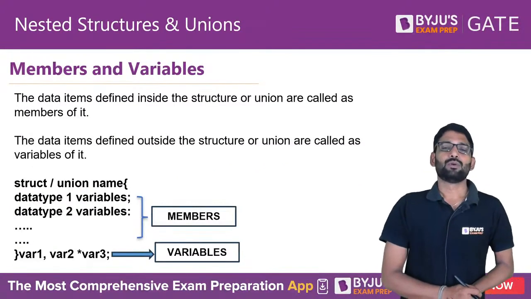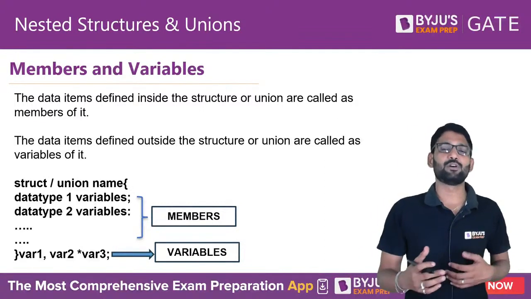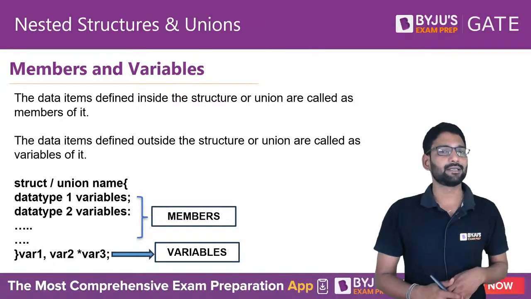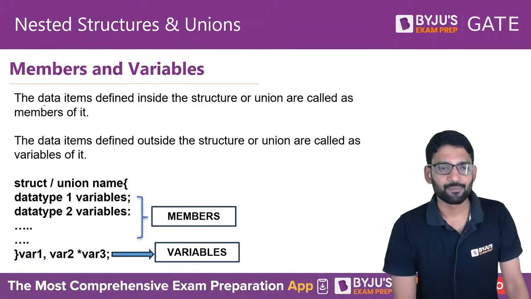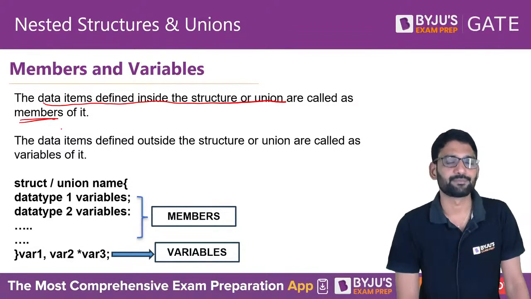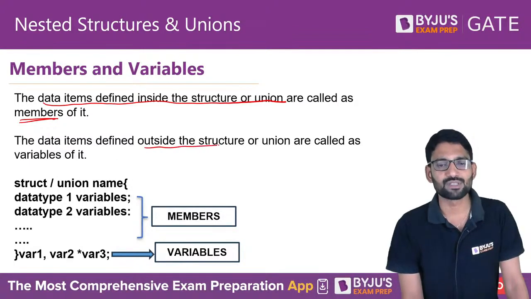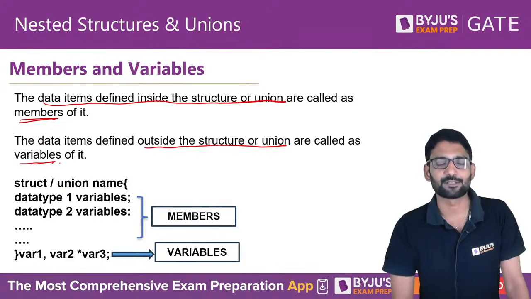Now in the structure we have the terminology. The anatomy of a structure or union is like this: the data items defined inside the structure or union are called members, and the data items defined outside the structure or union are called variables.